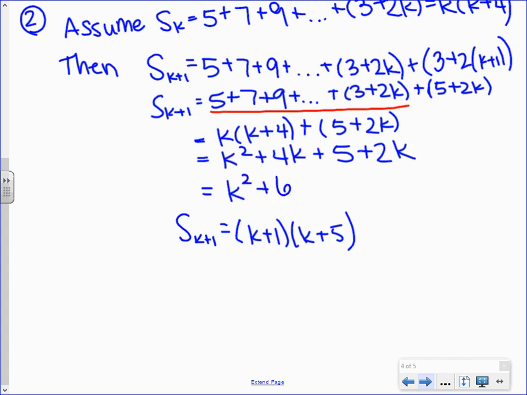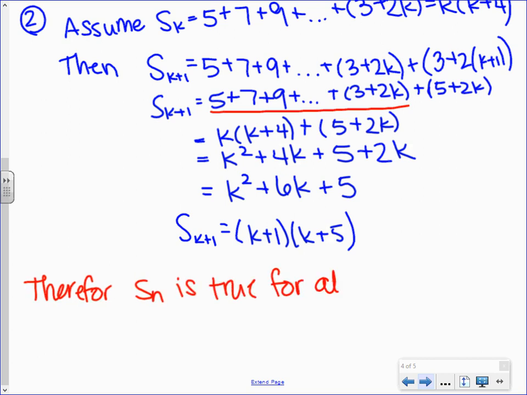K squared plus 6k plus 5. Does k squared plus 6k plus 5 factor to k plus 1 times k plus 5? Right? You don't even have to factor. It does it for you. Okay? So we got there. Awesome. Therefore, S of n is true for all positive integers.